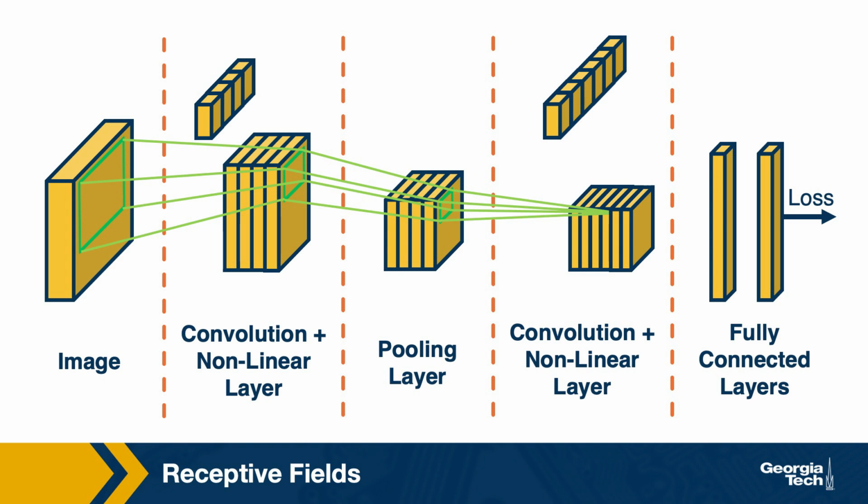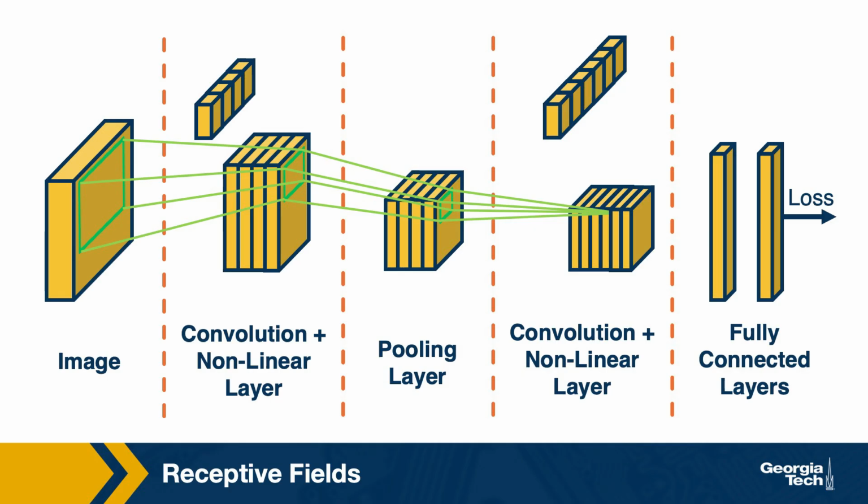If you see the depiction here, a particular pixel in the output map in the last convolution layer here is affected by a small window around it in the previous layer. But each of those pixels in the small window are affected by some window around it in the previous layer before that. And you can keep going back over and over. And as you can see, the window gets bigger and bigger and bigger.